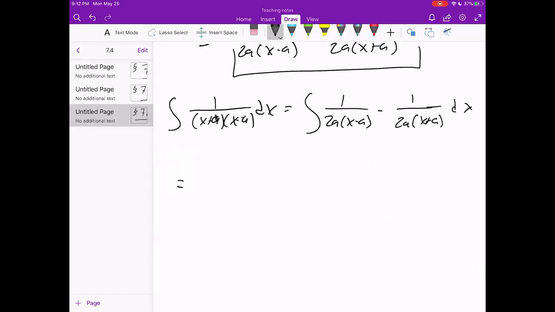All right, so now we look at this new integral that we can do that's equivalent to our old integral. If I split this up into two integrals, I can pull out the 1 over 2a factors.